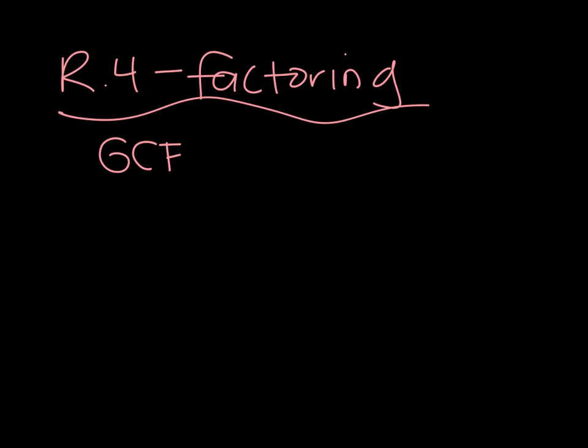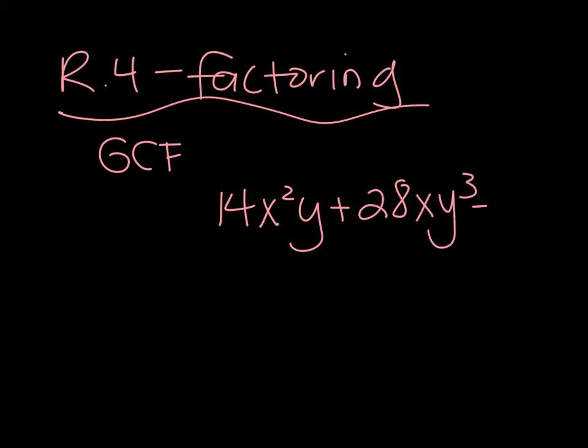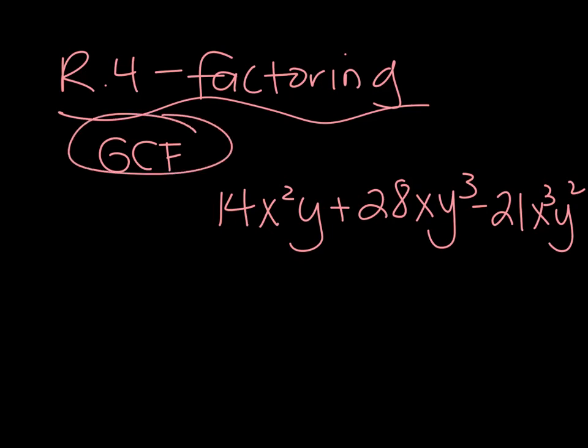So if I had something like that, 14x squared y plus 28xy to the third minus 21x to the third y to the second. It's not going to say factor out the greatest common factor. The directions are just going to say factor, so you've got to look at them.